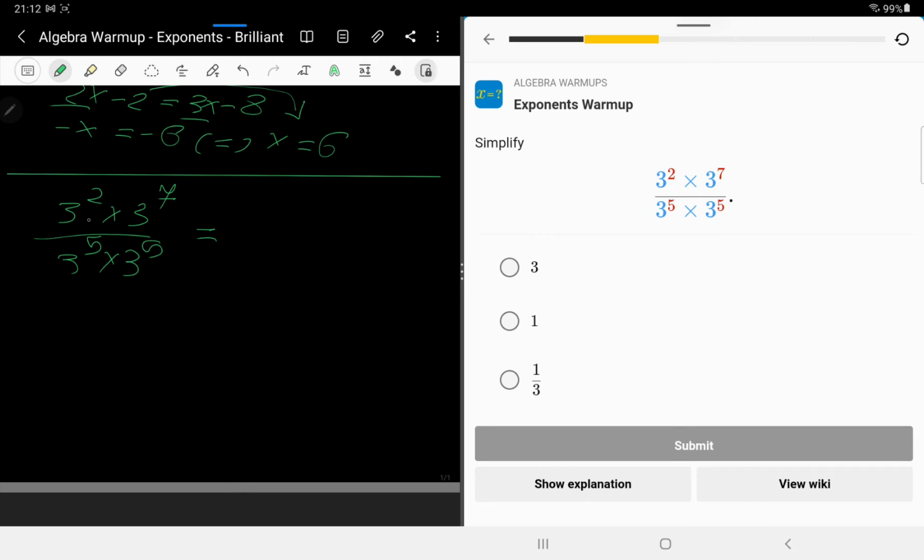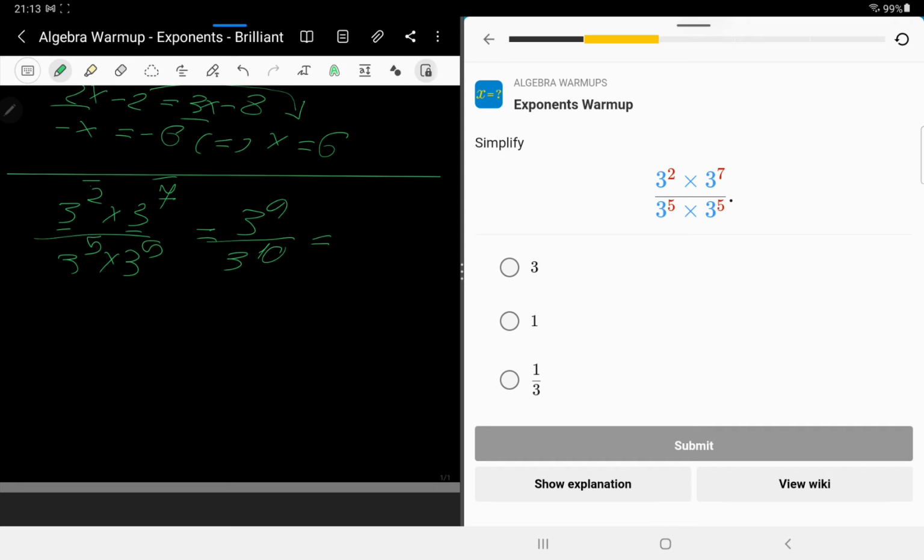This is when you multiply exponents with the same base, if I'm saying it correctly, you just add these exponents. So it's going to be 3 to the power of 2 plus 7, 3 to the power of 9, and 3 to the power of 10 in the denominator.